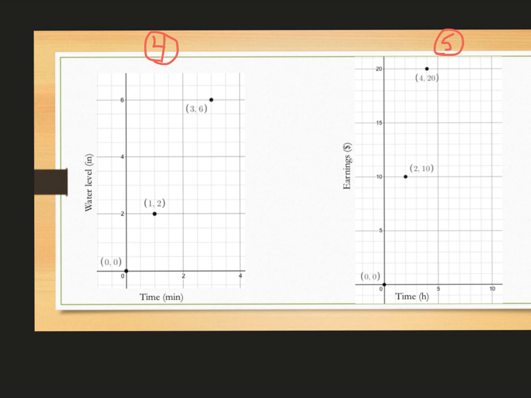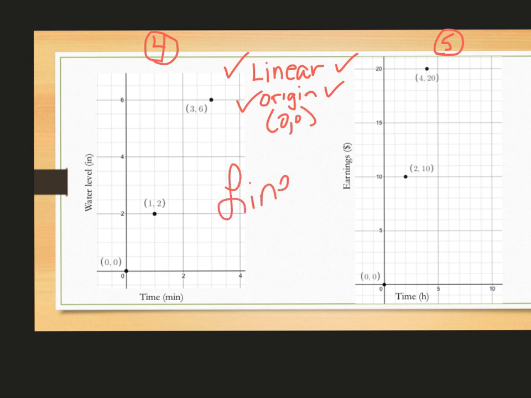First, it has to be linear, and they both are. And they also have to be going through the origin, and they both are. So they need to be going through point 0, 0. So I know that these are linear and proportional.